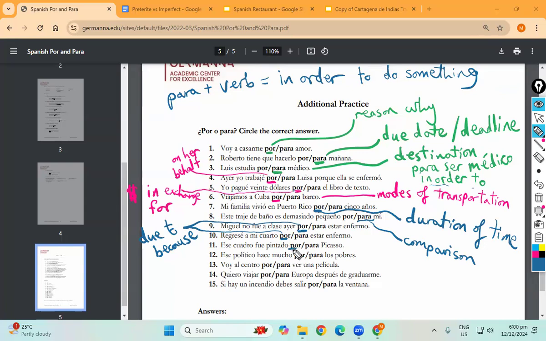Or he's a painter, right? And fue pintado por is really passive voice. So by someone, passive voice.